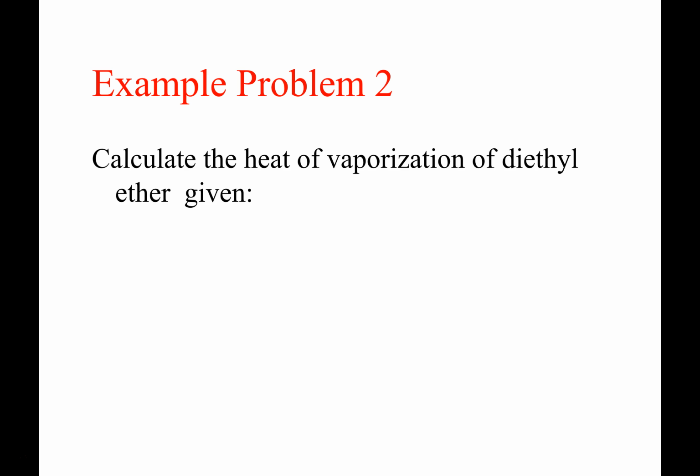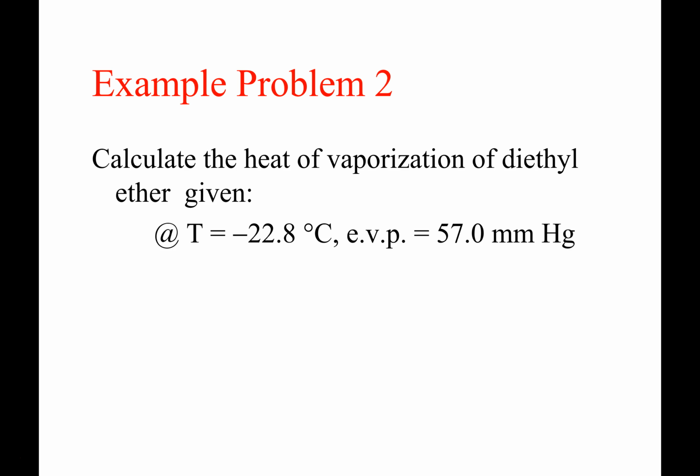All right, another problem. Come up with the heat of vaporization for diethyl ether. Okay, that can't be too hard. But there's a catch to this. We're not going to use LoggerPro. We're just going to be given these two ordered pairs. So they ran it twice.